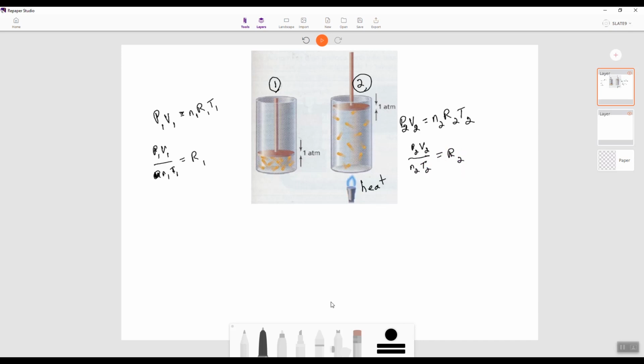And again, I'm just using these subscripts to remind you what scenario we were originally talking about. We're going to see in a second here some of these variables are the same. R1 and R2 are the exact same number. It's a constant. What I want to do is set these two equal to each other, much like I did in the Boyle's Law video.